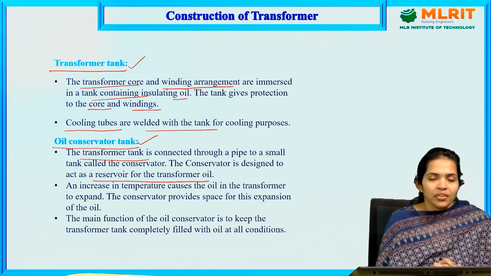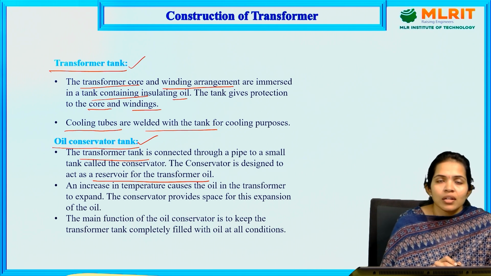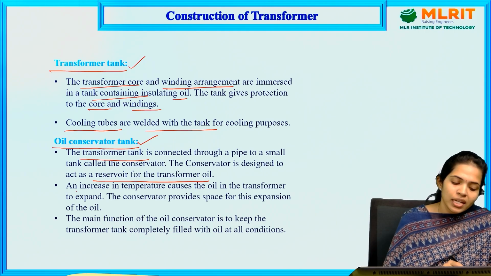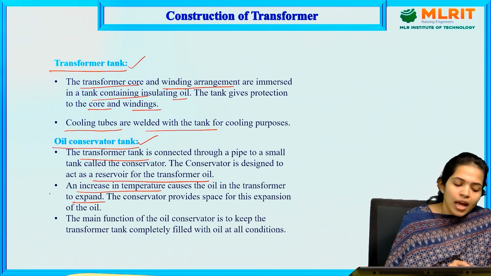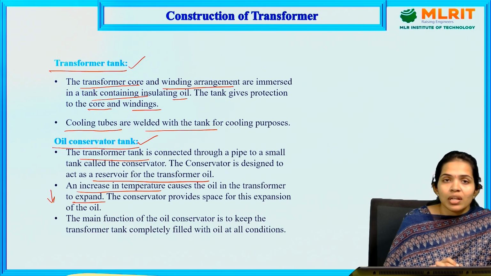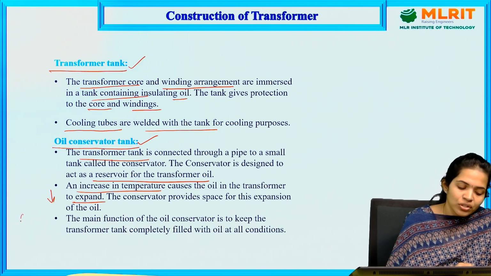In a transformer, the increase in temperature occurs whenever the current flows continuously in the primary and secondary windings. When there is an increase in temperature, we see the oil expands. And when there is a decrease in temperature, or when the load decreases on the transformer, we find the contraction of the oil.